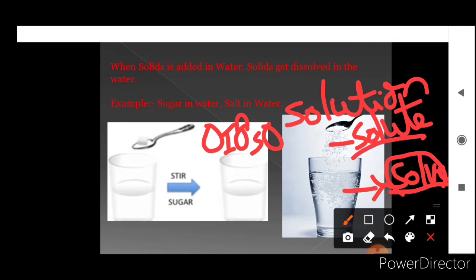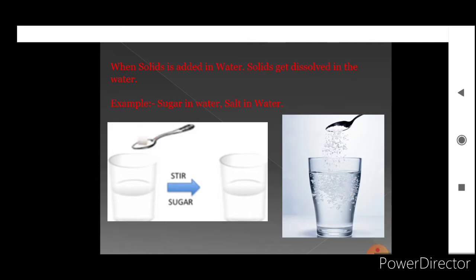So here the solute, either salt or sugar, is in which form? Solid form. So the solid is getting mixed up in the water, that means the solids are getting dissolved in the water. Are you understanding? You do this experiment and practically observe how solids can be inside the water.